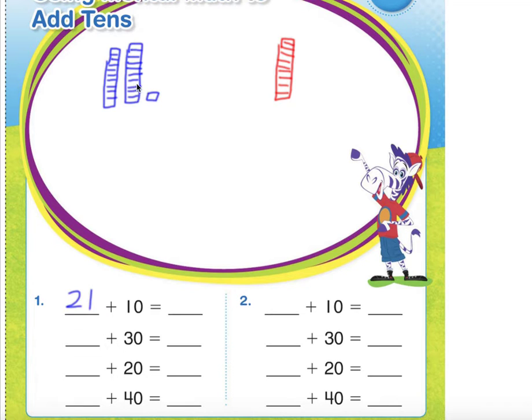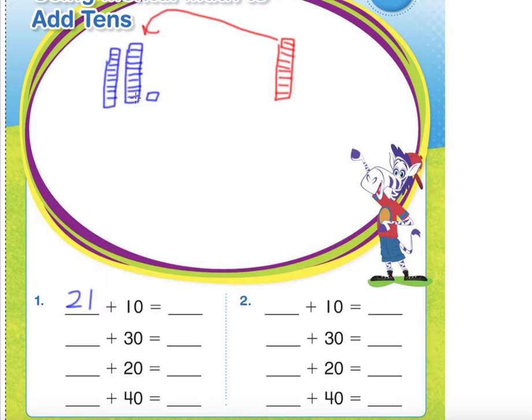So what we're doing is, remember how yesterday we just took this 10 and put it over here and counted all the tens together? It's the same idea. So if we combine all these tens, how many tens do we have?